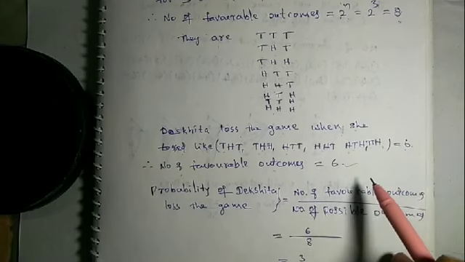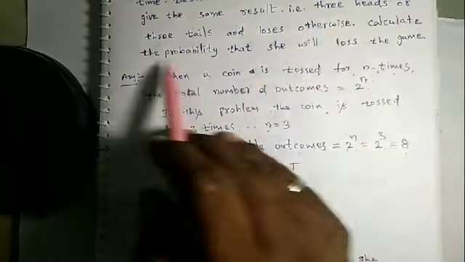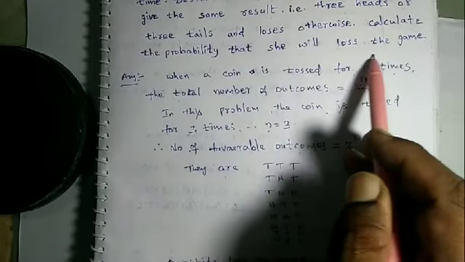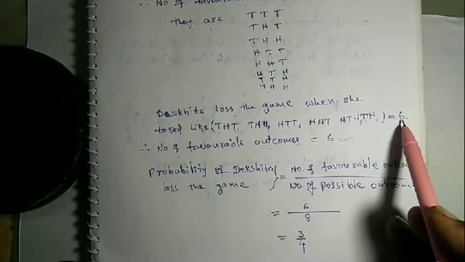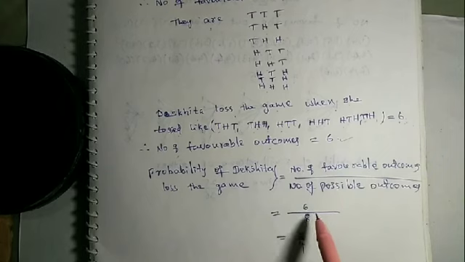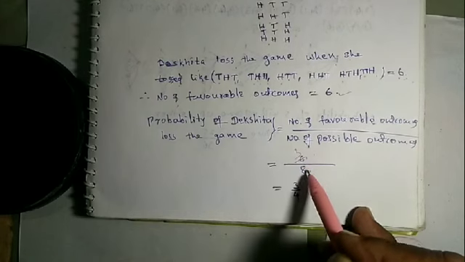What is asked? Calculate the probability that she will lose the game. Okay, so there are 6 favorable outcomes. Now substitute in the formula. We will get 6 by 8, 2 threes are 6, 2 fours are 8, that is equal to 3 by 4.